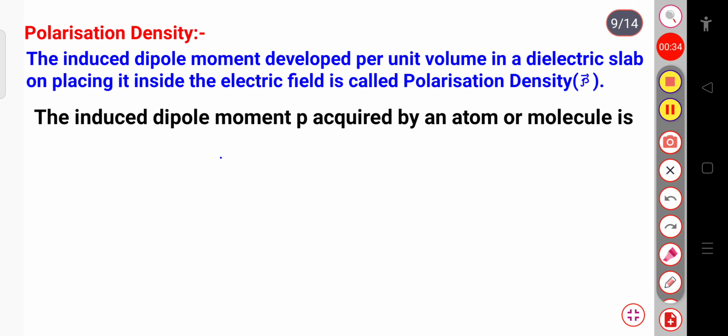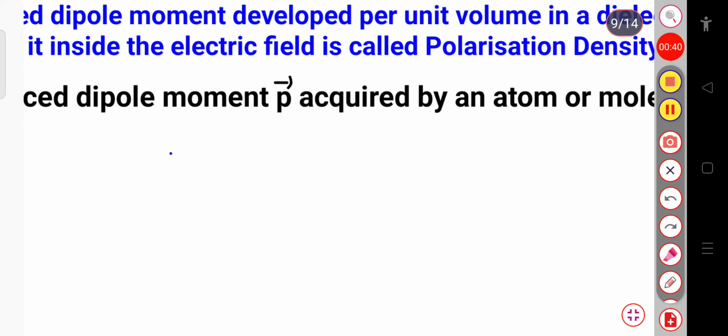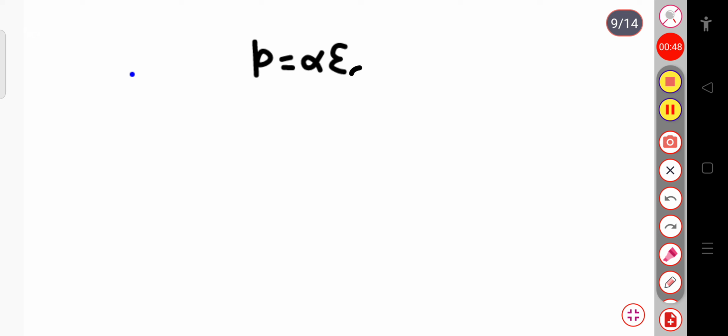Now the induced dipole moment p, that will be equal to alpha epsilon naught into E naught.